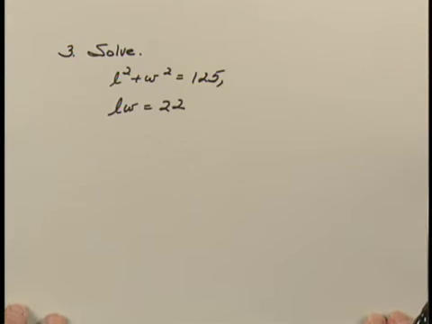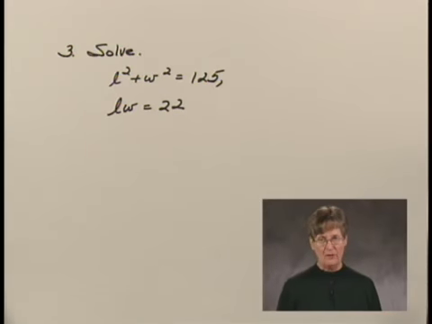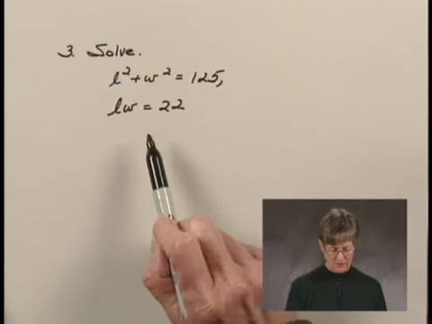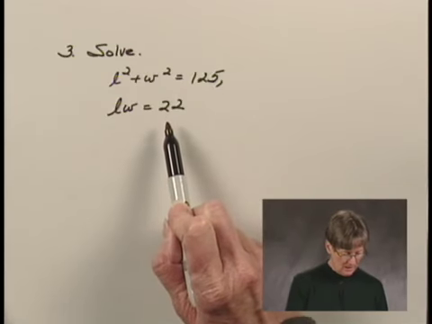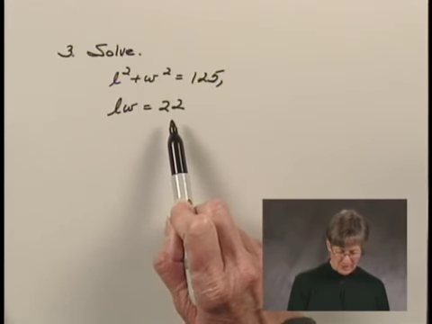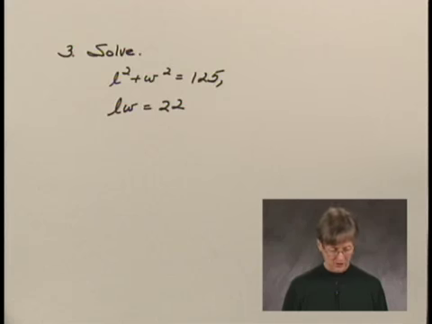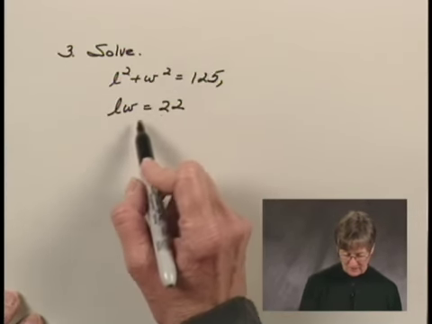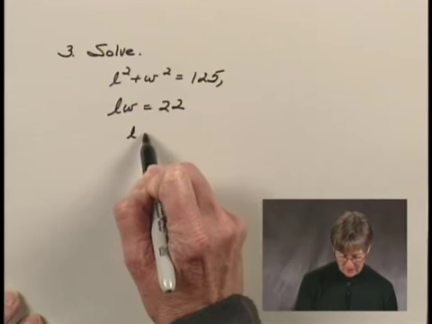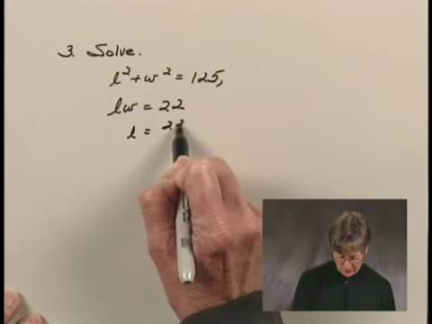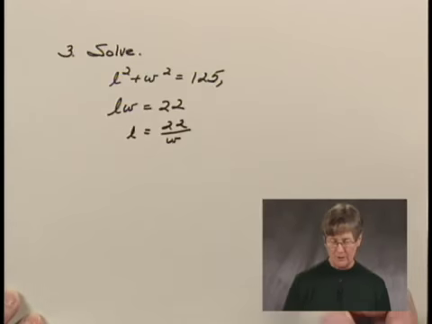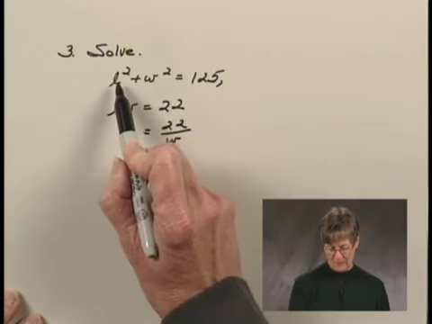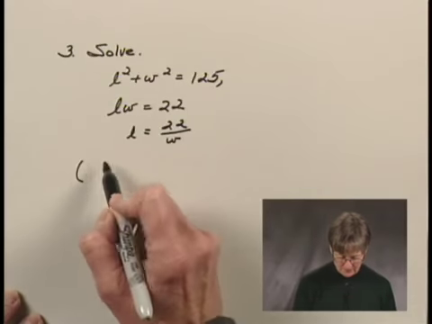I'm going to use the substitution method to solve this system of equations. The first thing I'm going to do is solve the second equation either for L or for W, and then substitute into the first equation. Let's solve it for L. If I divide both sides by W, I get that L is equal to 22 over W. I'll substitute this for L in the first equation.